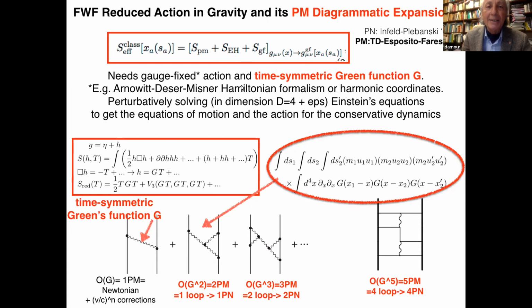And the idea is that if you integrate out, from the point particle Einstein-Hilbert and gauge fixing action, the gravitational degrees of freedom by solving iteratively Einstein equation in presence of two world lines, by using at each step a time symmetric Green function, then formally this defines a conservative action.